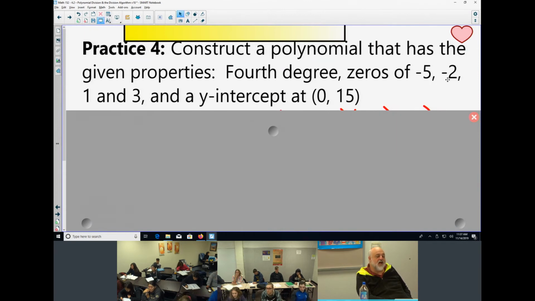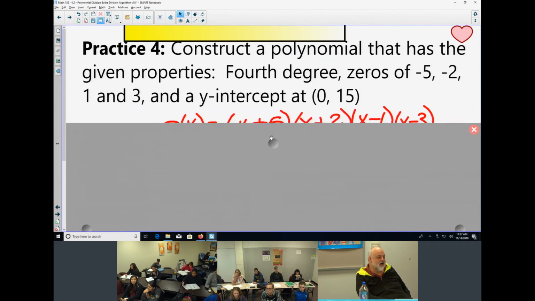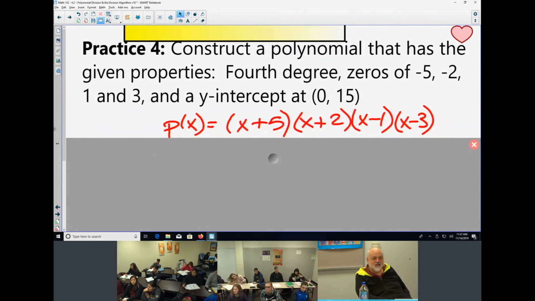And then what factor has a 0 of -2? x plus 2. And what factor has a 0 of 1? x minus 1. And then finally, x minus 3. All right. So everybody okay with that?